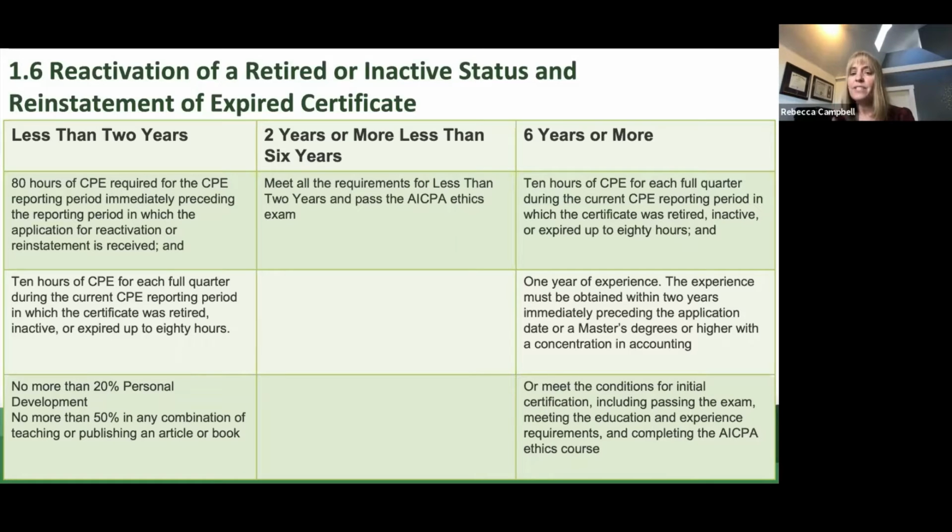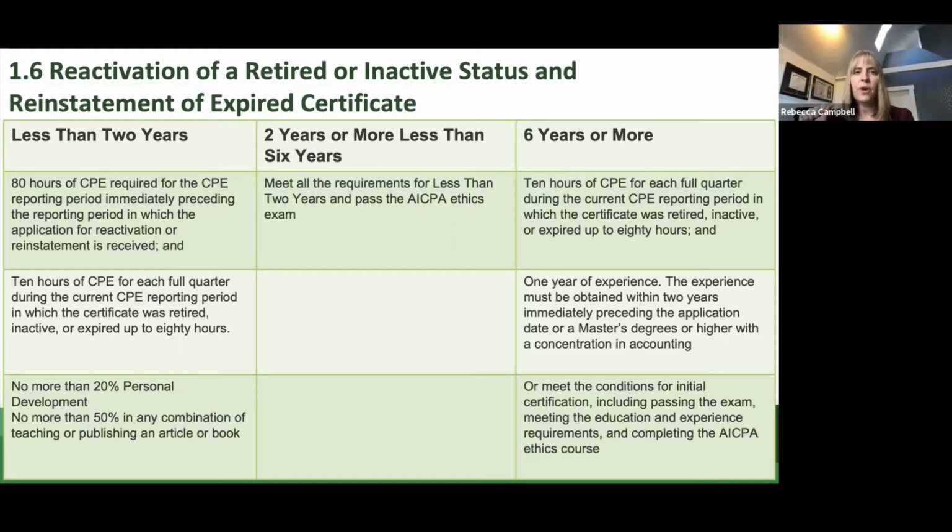And you have to have 1 year of experience. The experience must be obtained within 2 years immediately preceding the application date, or a master's degree or higher with a concentration in accounting. Or you have to meet the conditions for initial certification, including passing the exam, okay?